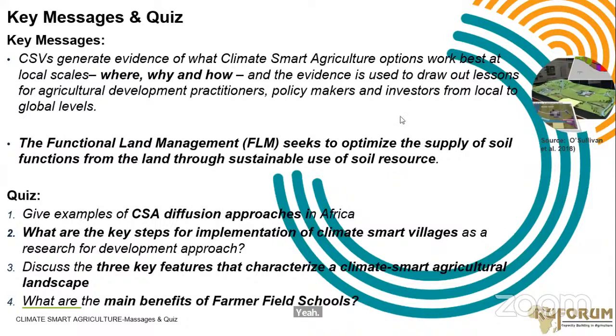Did I move so fast? I hope, this is from Nancy again, I hope by the end of this training, we can be able to get more... okay, that's the gaps, that's already done. FLM approach is really a good way, but I tend to miss its indicators and metrics for effectiveness in relation to CSA and gender.